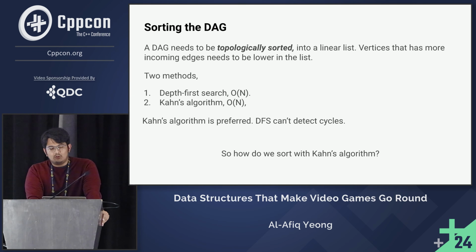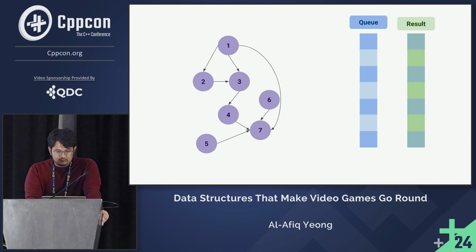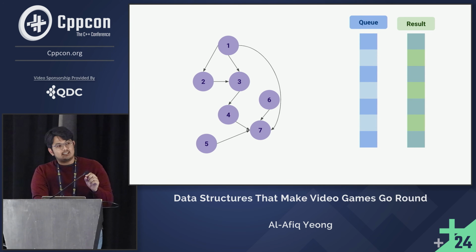So how do we sort with Kahn's algorithm? The basic idea is this. We have a queue, a result buffer, and our DAG. We start off by inserting vertices that do not contain any incoming edges into the queue.